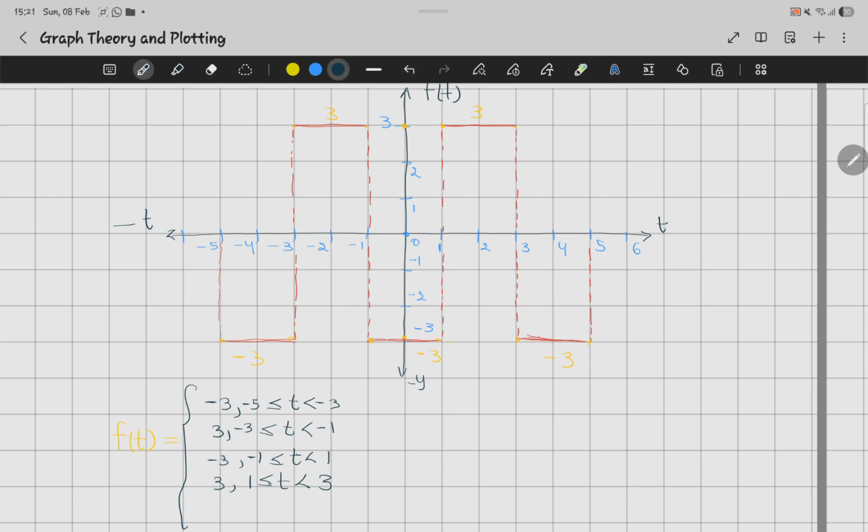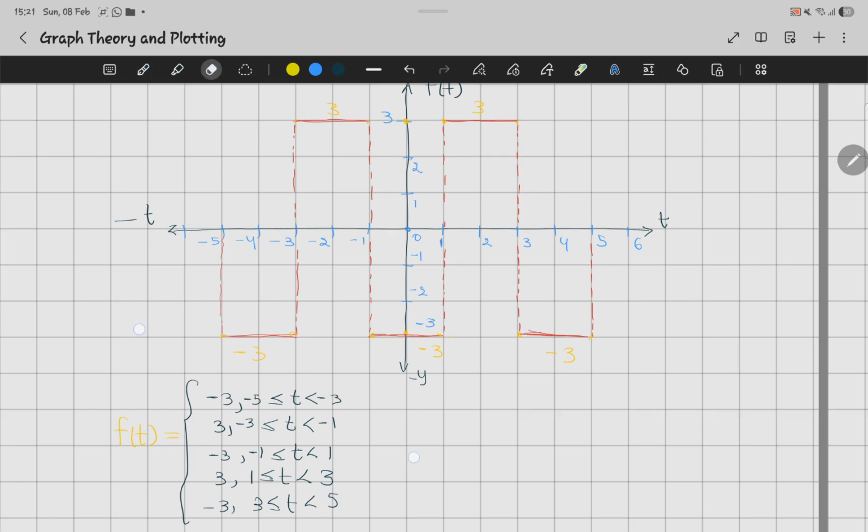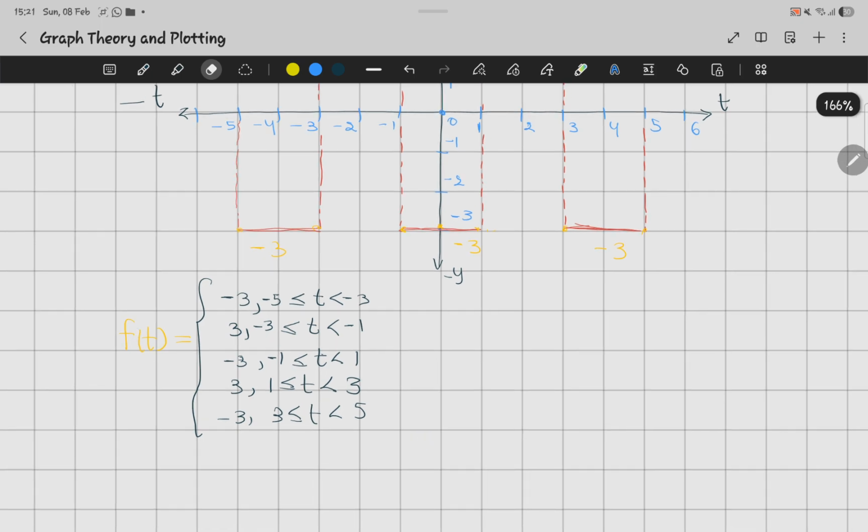Lastly, we're going to cover these two intervals and their amplitude. So it will be -3, then 3, and then we will have 5 here. In short, this is how you can go about representing the points that you see here.